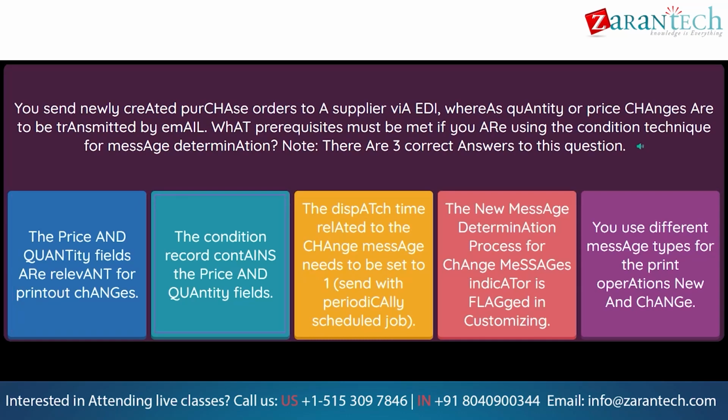Option 2: the condition record contains the price and quantity fields. Option 3: the dispatch time related to the change message needs to be set to 1, send with periodically scheduled job. Option 4: the new message determination process for change messages indicator is flagged in customizing. Option 5: you use different message types for the print operations new and change.